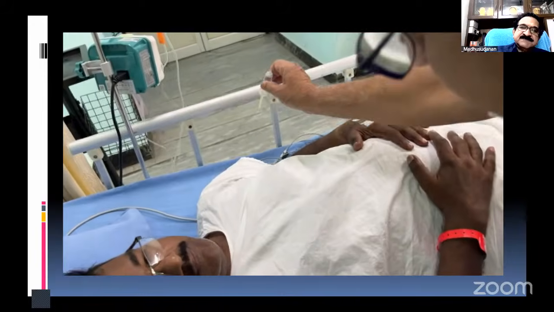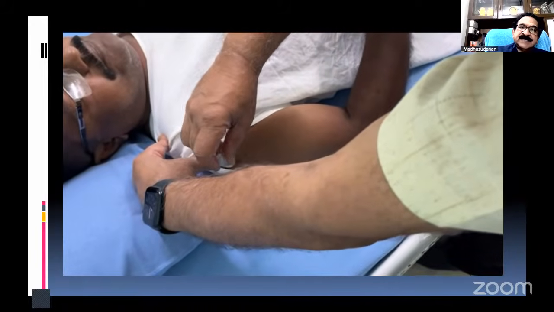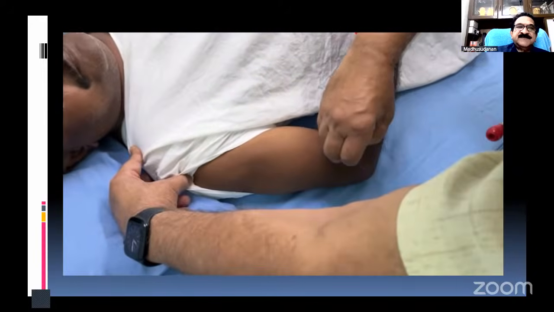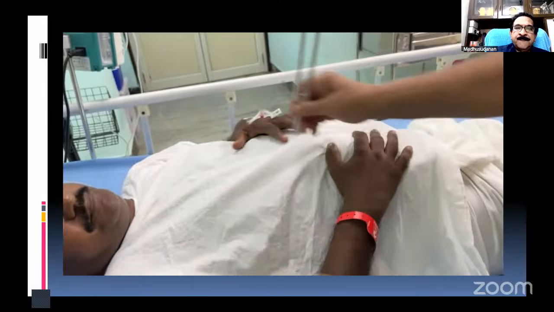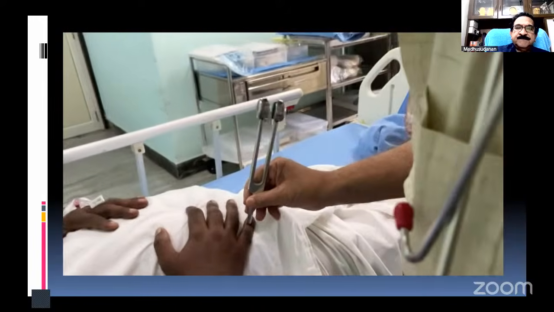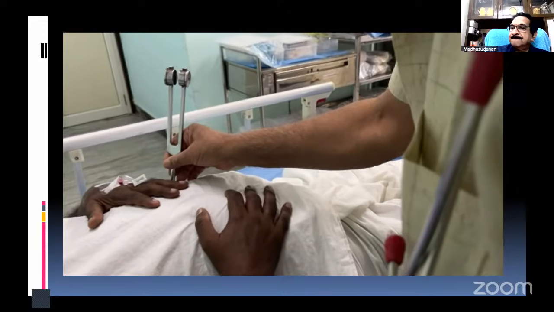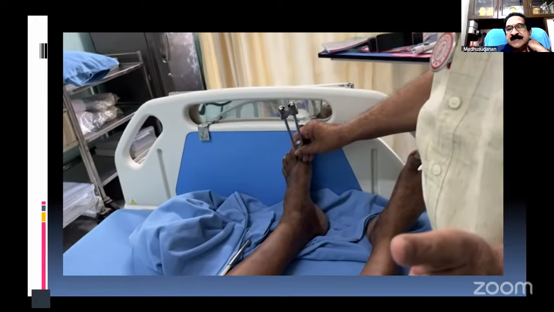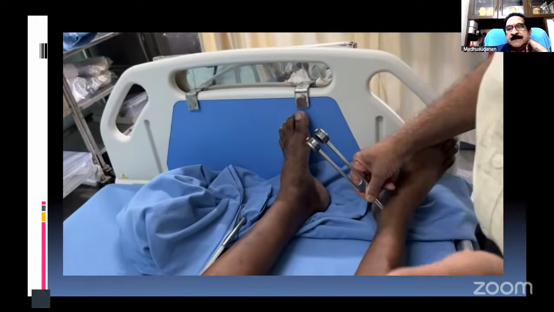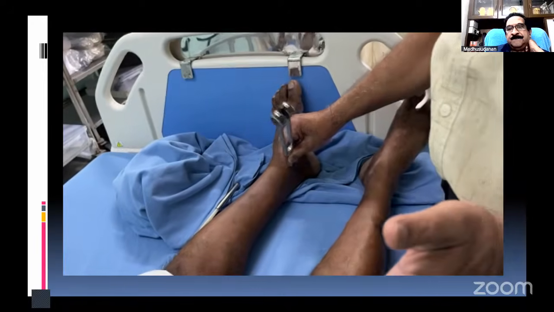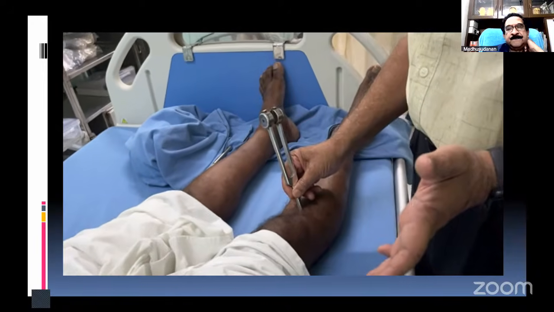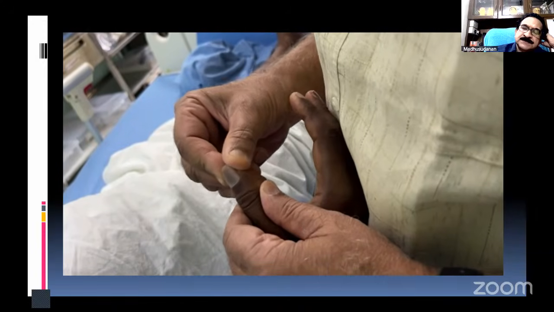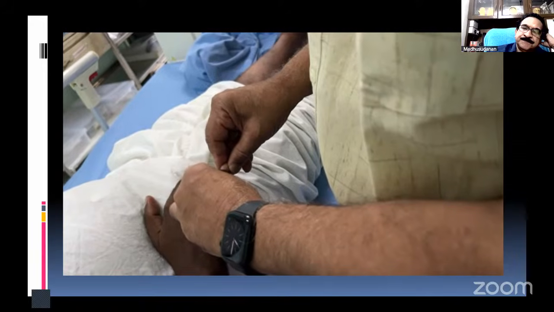There seems to be a mild decrease on the right side, but on bringing down, he said not much of difference. Vibration is normal in the upper limb. Vibration is impaired in both feet. He is a diabetic. Joint sense is normal in the upper and lower limbs.